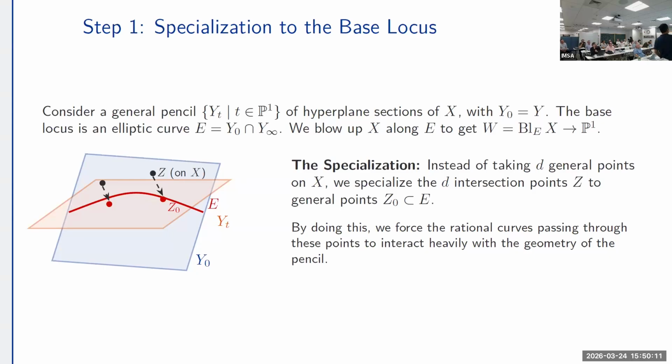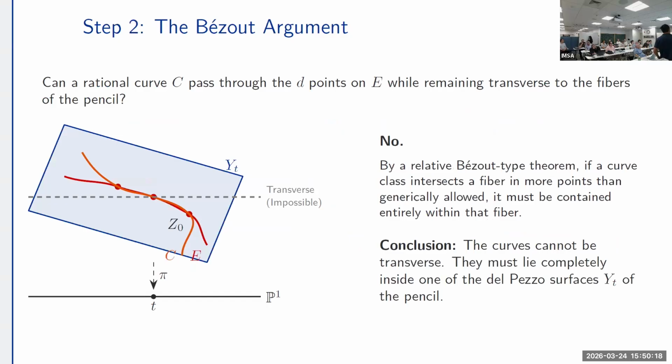We consider the blow-up along this elliptic curve just to have a good family. So the first question is, can a rational curve C pass through these D points on E while remaining transverse to the fibers of the pencil? I mean, you have now a pencil, and you can ask, are these rational curves passing through these points on one fiber, or can they be transverse? And the answer is this: they cannot be transverse.